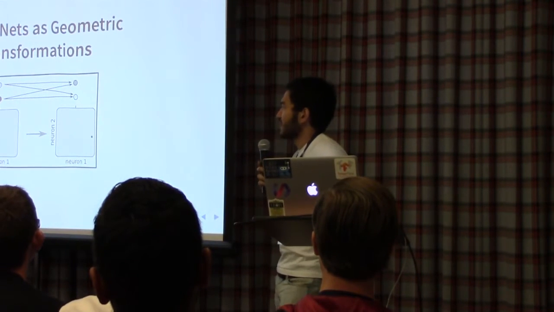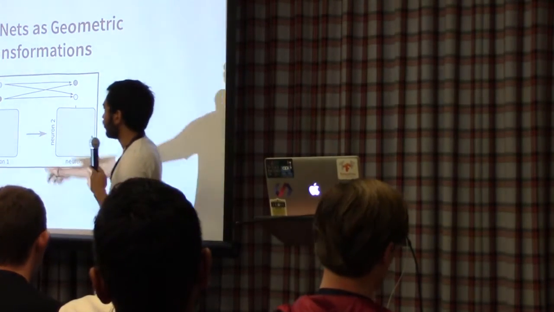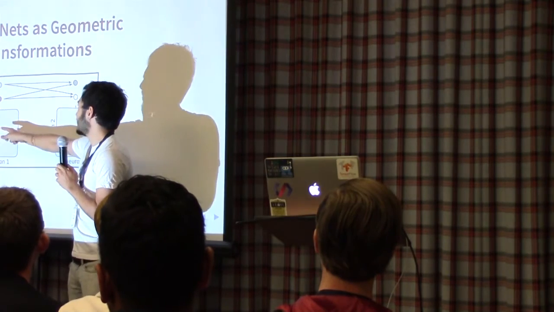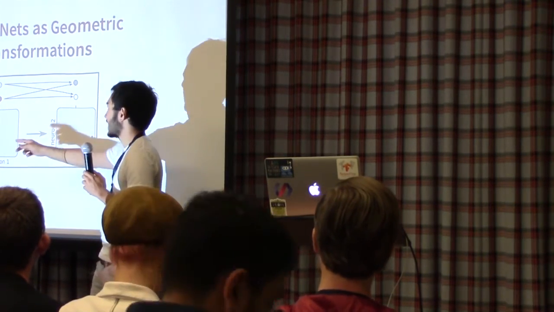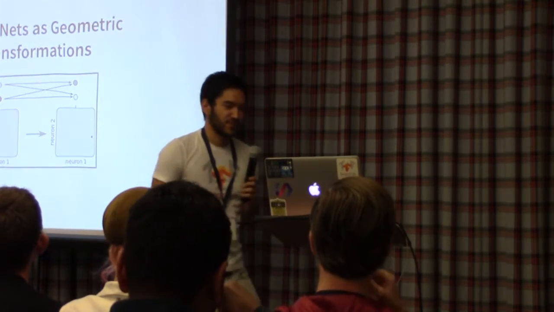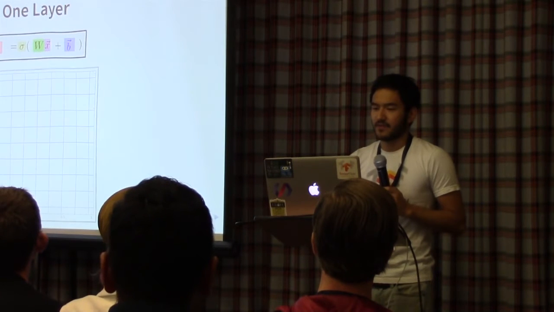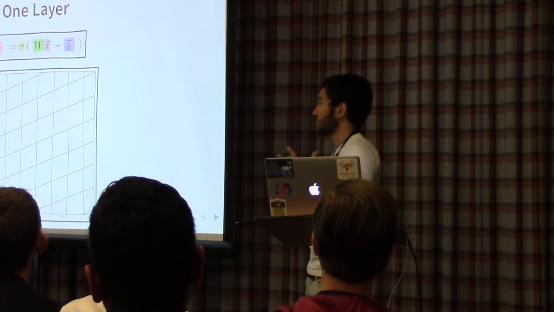So in the geometric perspective, if we have two neurons, we can imagine the neurons are going to take some point in a two-dimensional space, and then through the activation, it's going to map that point onto a different point in a different two-dimensional space. So we can start to look at the layer as doing three things to the whole space.